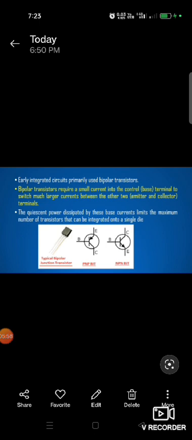So this is the symbol of the BJT. BJT consists of two types, that is PNP BJT and NPN BJT. In PNP BJT, depending upon the input current, we produce the output. Output is collected in the collector. The next point is that the power dissipated by the base current limits the maximum number of transistors that can be integrated into a single die.